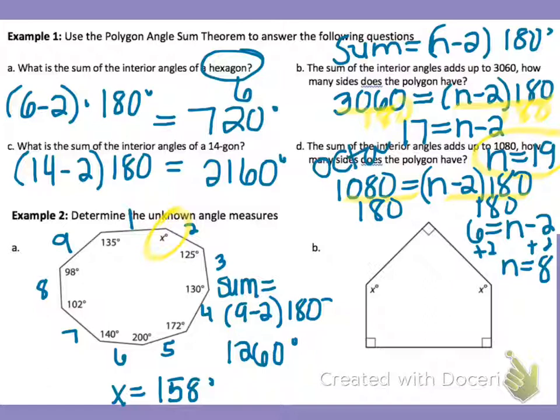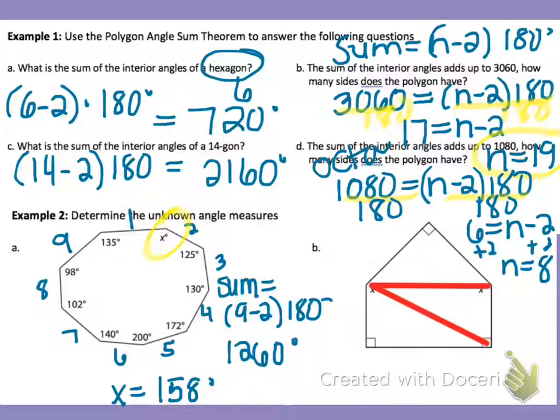An example B here. So this is actually a really good one to look at, why this n minus 2 times 180 works. If we were to draw in the two diagonals from this vertex, you can split that into 3 triangles.